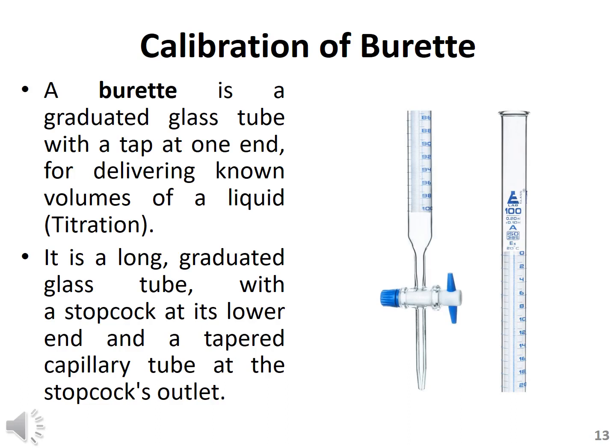You can see in this picture, in this slide, there is a stopcock in blue color. This is usually used to control the flow of the titrant, which is filled in it for different titrations.